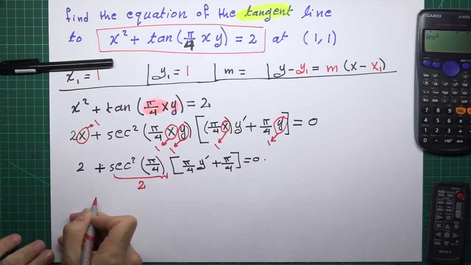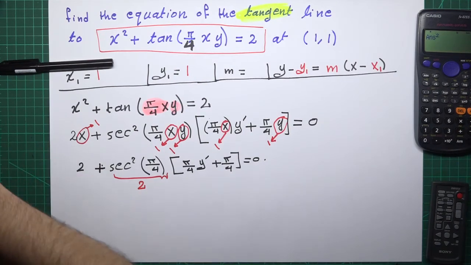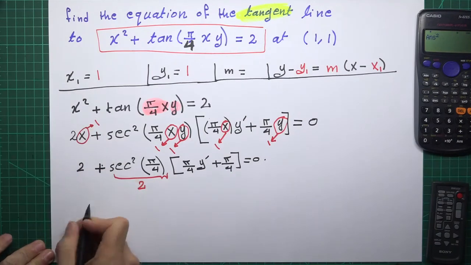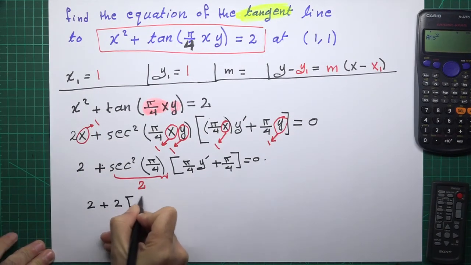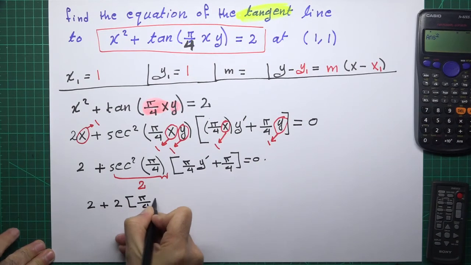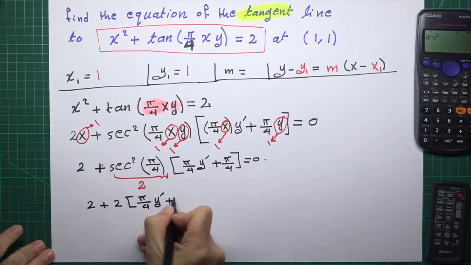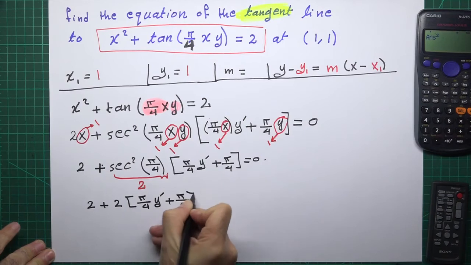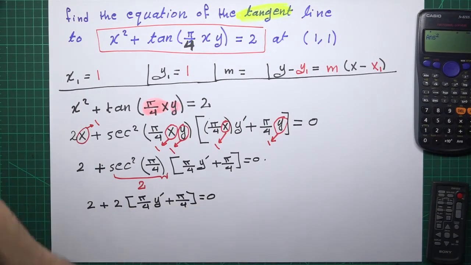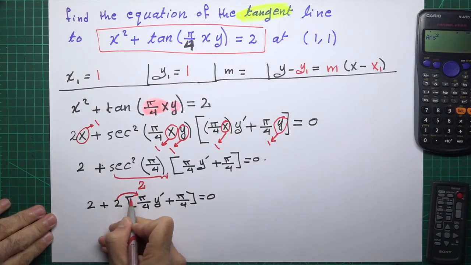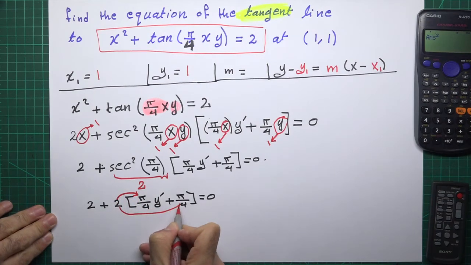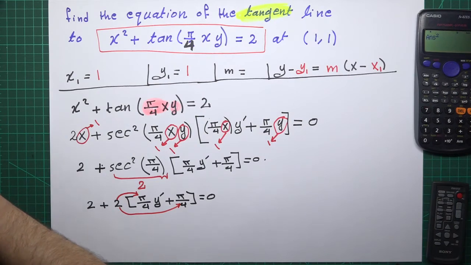خلينا نشوف شو صار. صار عندي هون 2 plus 2 times pi over 4 y prime plus pi over 4 equals 0. Then I will distribute this 2 to be multiplied by the first and second terms.